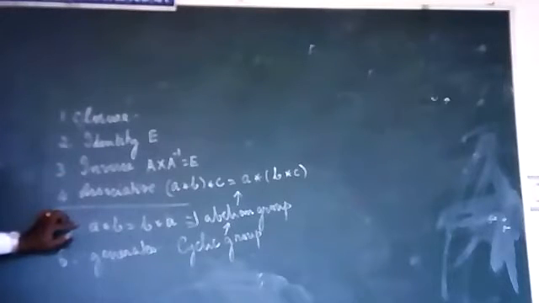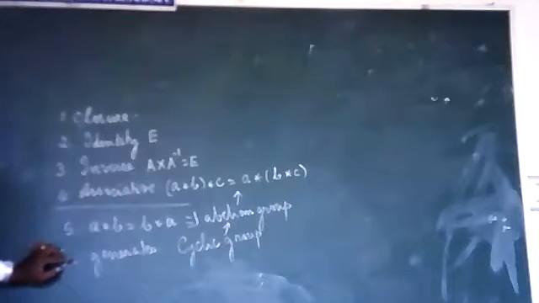And apart from this, fifth property, if all the elements commute, then it is called an abelian group. And the sixth property, if any one element of the group generates all the elements of the group, then it is called a cyclic group. Now, I am going to construct the simple multiplication table to prove that the elements of a set form a group.